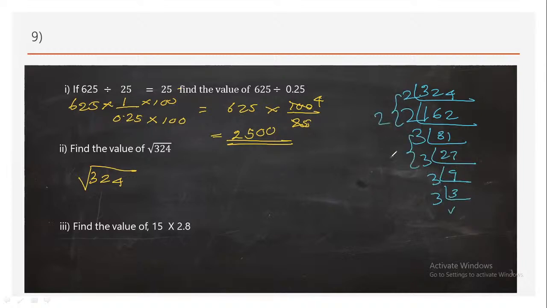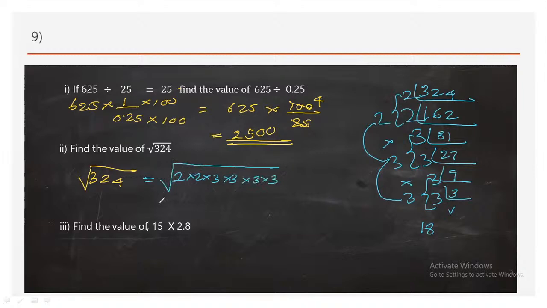2, 1 from this, 3, 1 from this, multiply. 2 times 3 is 6, 6 times 3, 18. Then the square root of 324, we can write like this, 2 into 2 into 3 into 3 into 3 into 3, square root. 2 to the power 2 into 3 to the power 4, square root.